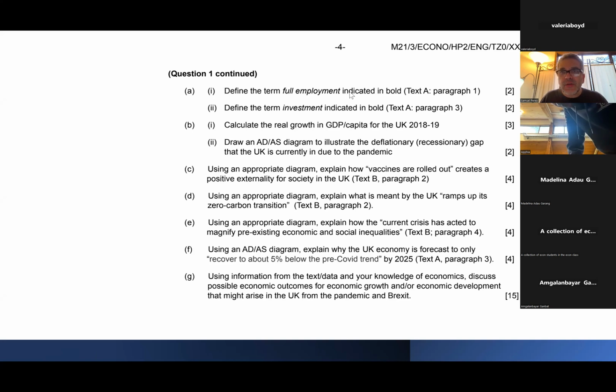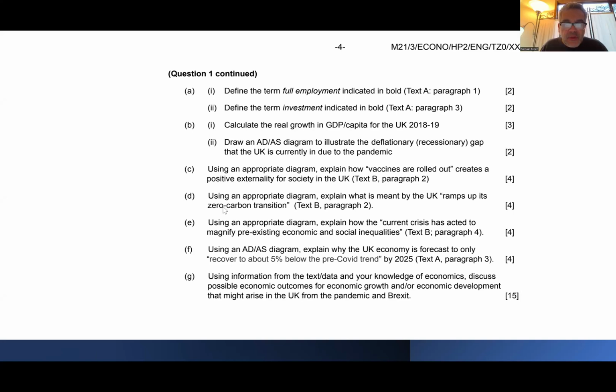But I will make sure to include at least one, if not two, questions related to what we're learning this term. So maybe there's something about monopoly, or the law of diminishing returns or economies of scale, plus the remaining part of the syllabus that we have learned, which is macro and micro from last year.